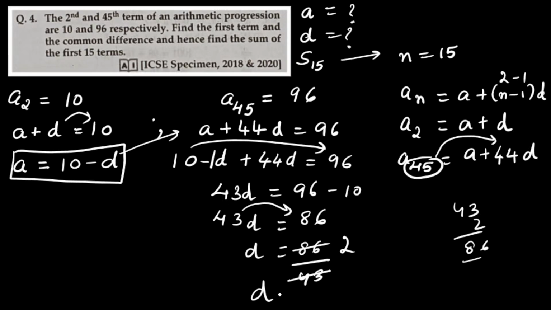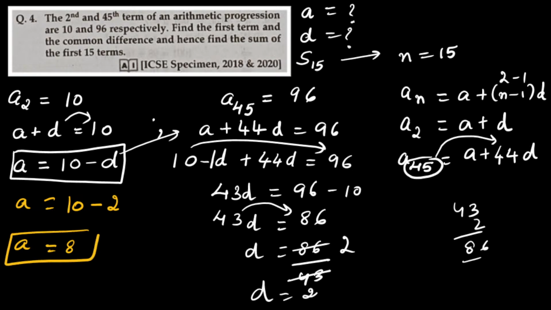So we got the value of d equal to 2. Now we go back and substitute d's value to find the value of a. a is 10 minus d, so a is equal to 10 minus 2, which is equal to 8.